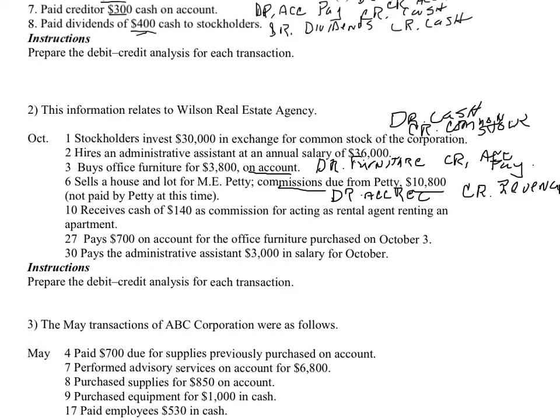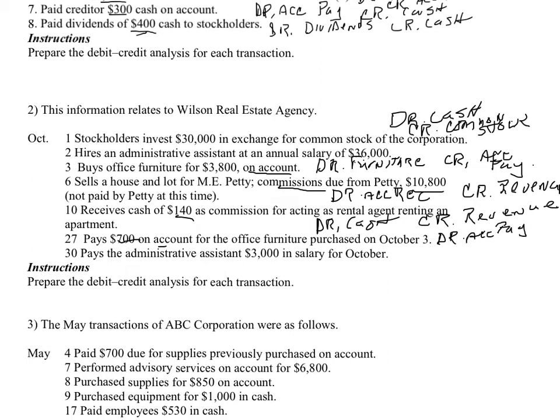October 10th, I received cash again as commission. This time I received cash. So debit, cash, and I earned revenue. Credit, revenue. On the 27th, I pay $700 on account for the office furniture. So if I paid that, then my accounts payable goes down, so it's debit accounts payable.